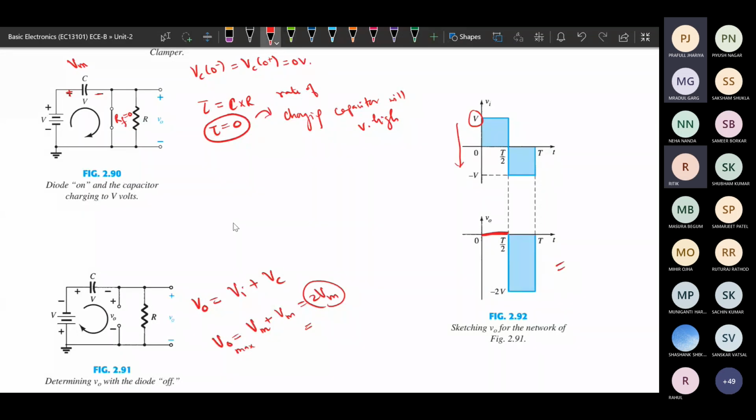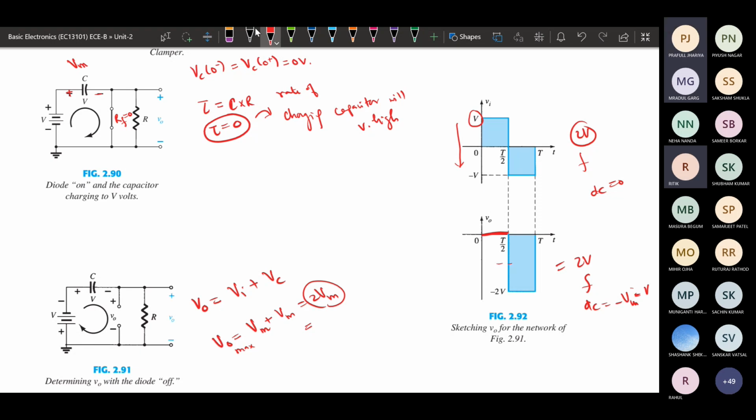Once we shift it downward, this peak has come out to be 0, and overall the swing here is 2v. In the case here also it is 2v. Whatever frequency is there, the same frequency is here. The only difference is here the DC value is 0, but here the DC value is basically minus Vmax, or minus Vm, with respect to that.